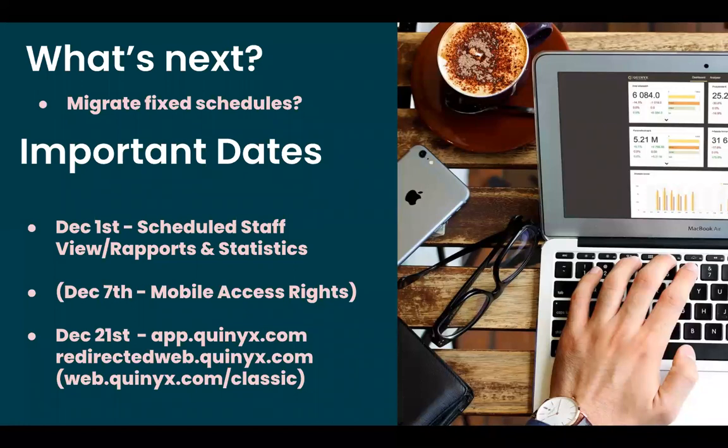But if everything is ready with your mobile access rights and it's working the way it should in Classic, then you don't really need to do anything for that date.